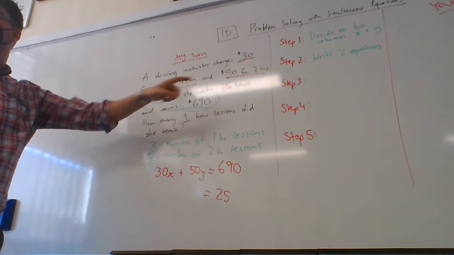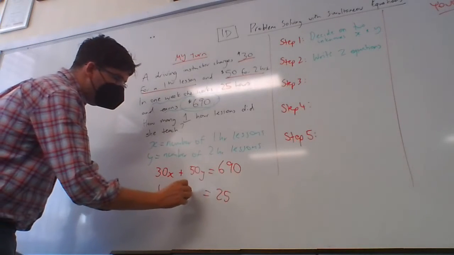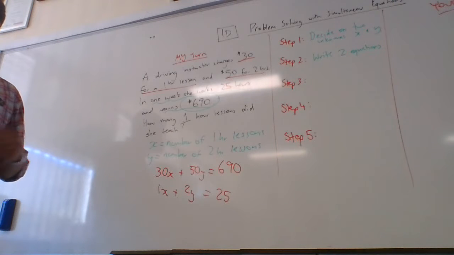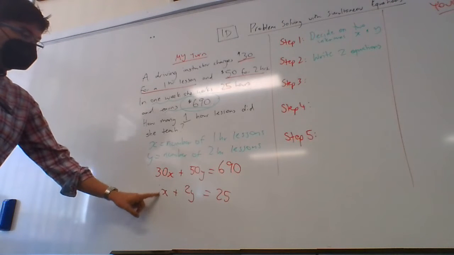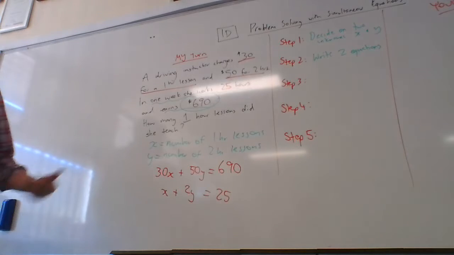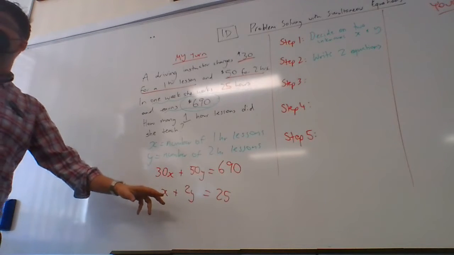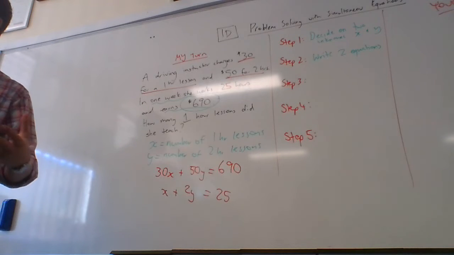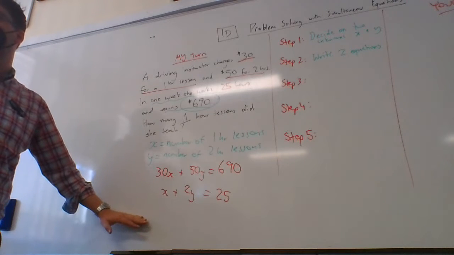So would 1 times x plus 2 times y equal 25? That's the total number of hours that they work, isn't it? Do we need to write the 1 times x? We can even get rid of the 1, can't we? x plus 2y. The more you do of these questions, the more you start to see the patterns. That's the trickiest part, is starting.